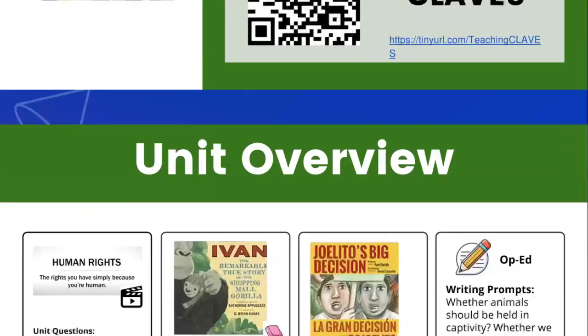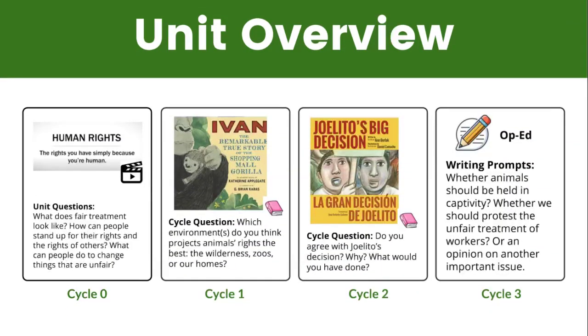All right. So for this unit, it's very similar to the previous unit where we start with cycle 0 and we move through cycle 1 and 2, which are the reading cycles, and cycle 3, which is the writing cycle. Each of these cycles focus on a different type of question.